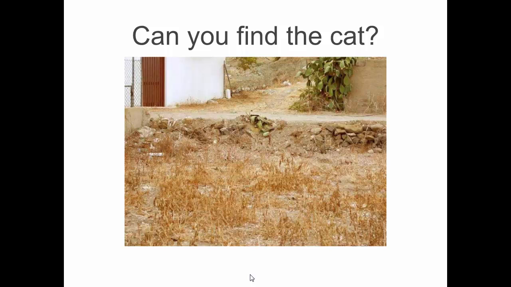No. That's just some ground. Tatum, you see it? Where? Right there. Right here? Yeah. Its face. It's not an illusion, it just blends in. After you see it, it's so obvious that it's there.